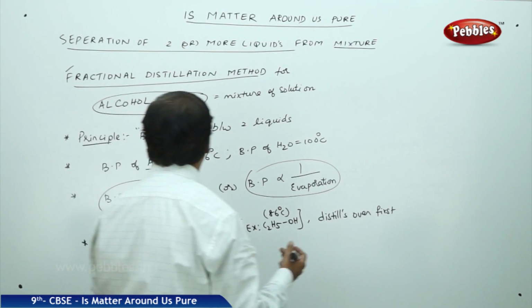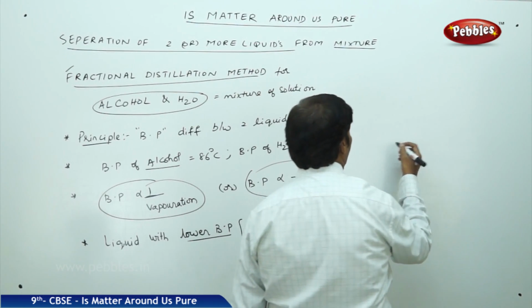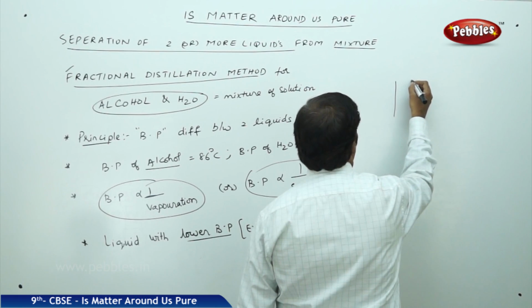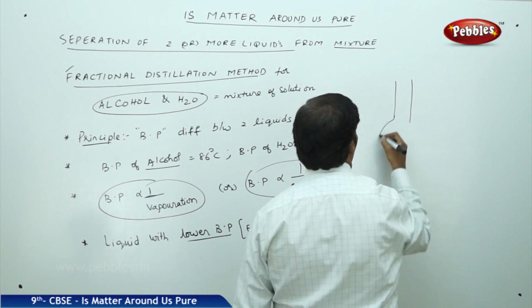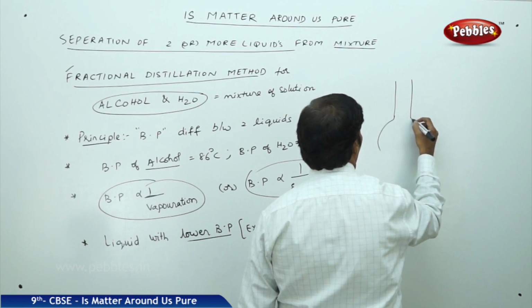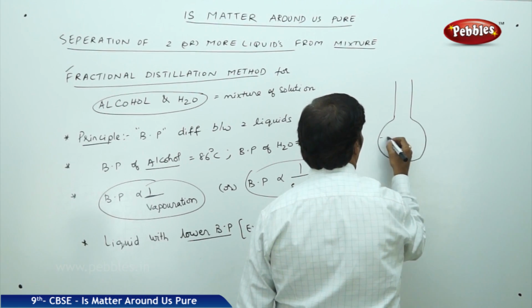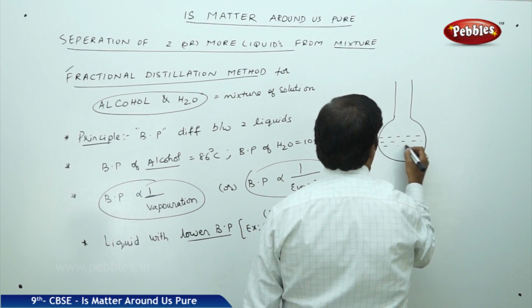So let us do one small experiment here. Just take one distillation flask. If you consider that this is the distillation flask, and here we have a mixture of alcohol and water.